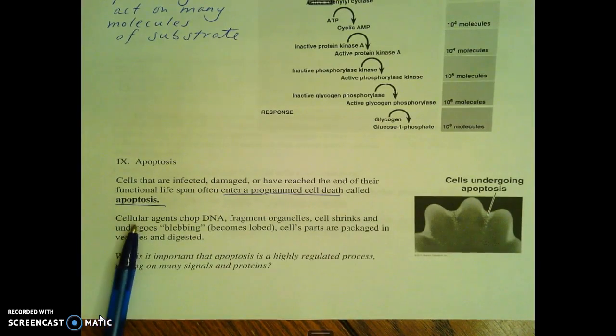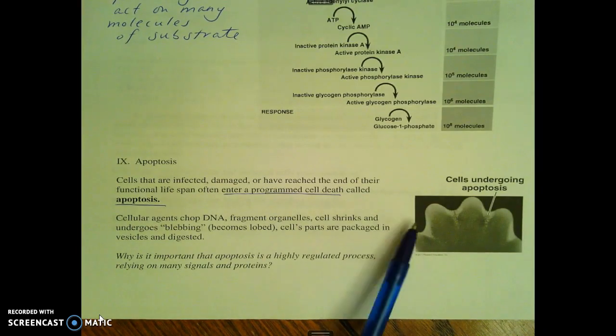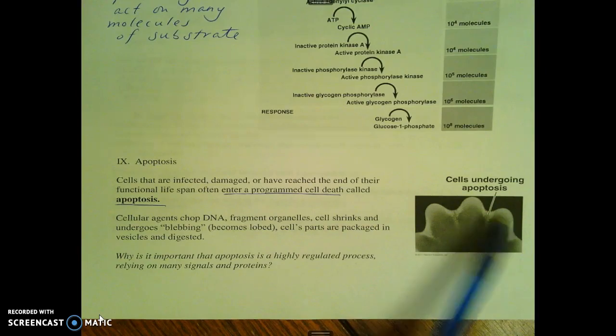So different cellular agents help break down their DNA, help break down their organelles, and in effect recycle some of their parts. This is where cell communication and regulation is so important because we sure wouldn't want cells to accidentally undergo apoptosis. Here we see normal formation of a vertebrate limb, relying on that apoptosis to form individual digits.